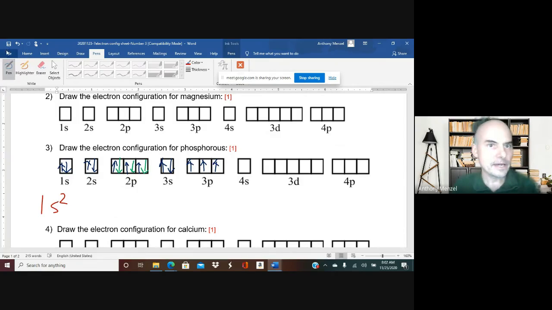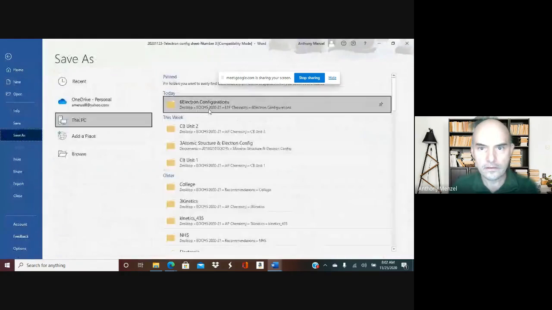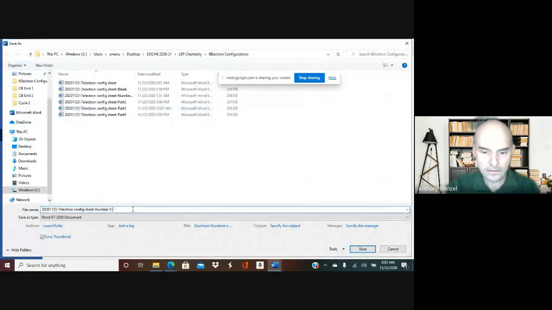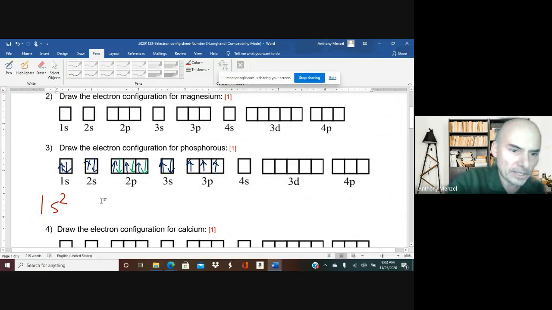So let's save that. So here we see the subshell, and then we have our superscript, which is a smaller number, and it is on the top. Then you write the next one.